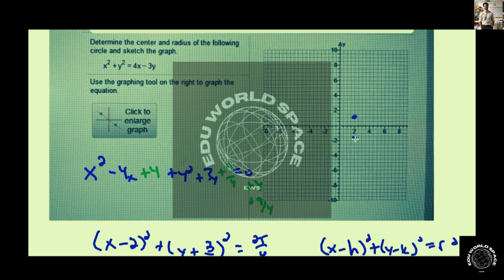To the right, 2.5 would go to (4.5, -1.5), and down 2.5 from -1.5 would take you to -4. So (2, -4), and then left 2.5 would take you to (-1/2, -1.5). And then those would be connected to form your circle.